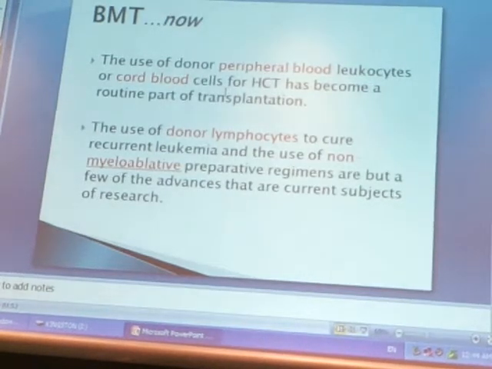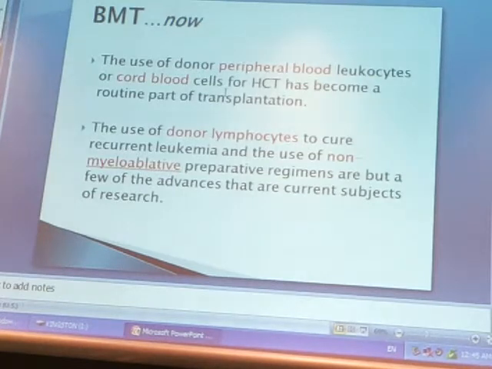So if you kill or ablate the whole stem cells in the bone marrow, would the patient survive? No, there are no stem cells in the bone marrow. So you need new stem cells, which are healthy stem cells. So we collect healthy stem cells from a donor. And the donor is usually a sibling with matched HLA system.